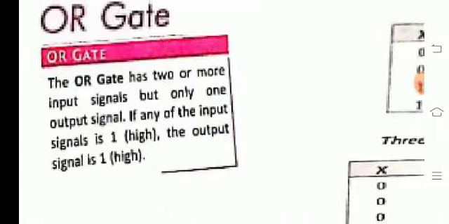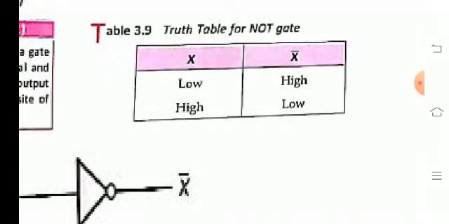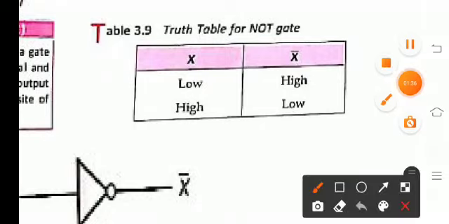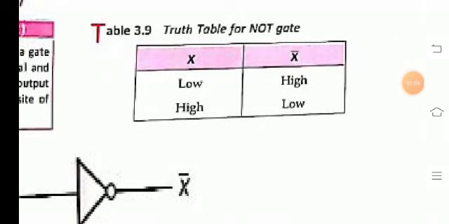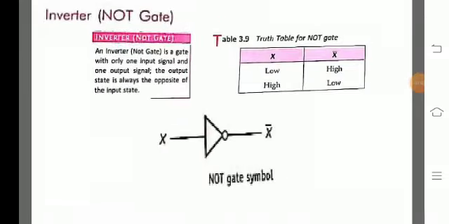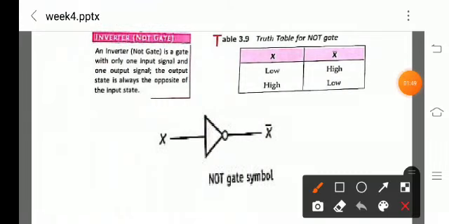See the table. If x is low, x bar is high. If x is high, x bar is low. Another important term is the gate symbol for each gate. This is the NOT gate symbol.